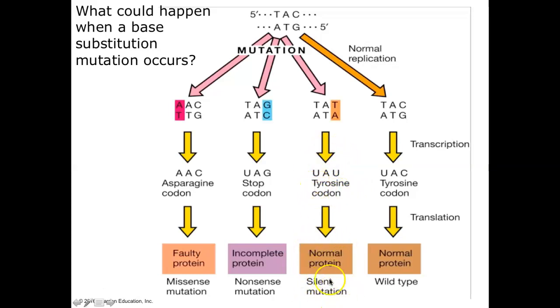This is a silent mutation. This can happen. You actually change a letter of DNA, but the fallout is you get the same amino acid. It's not the same codon. It's UAU, UAC. They're not the same codon, but you do get the same amino acid.